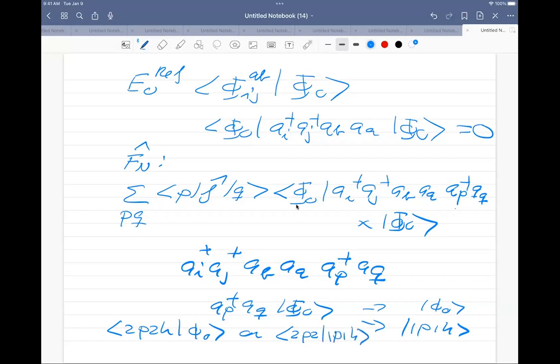So these are the only possibilities if you think physically of what these operators are doing. So this specific operator here can actually bring you back to the reference state, or it can create a one particle, one hole excitation because it's a one body operator.